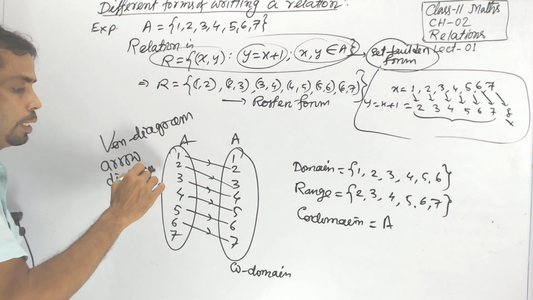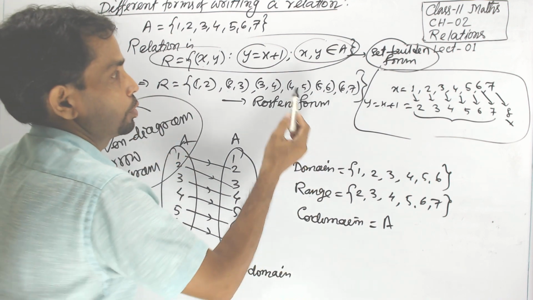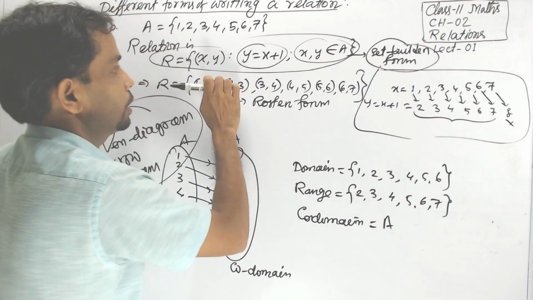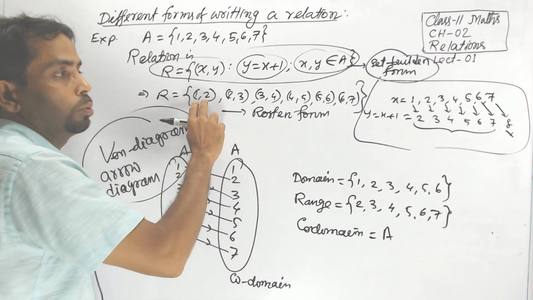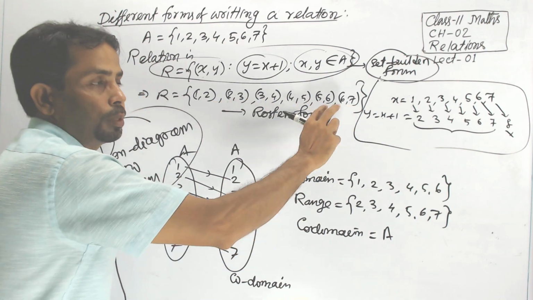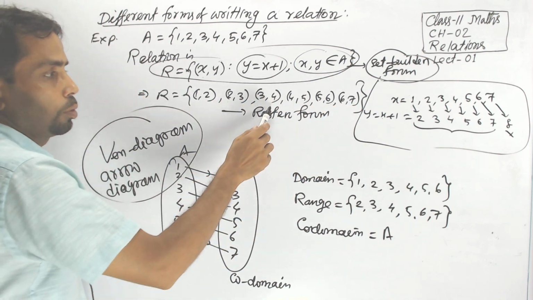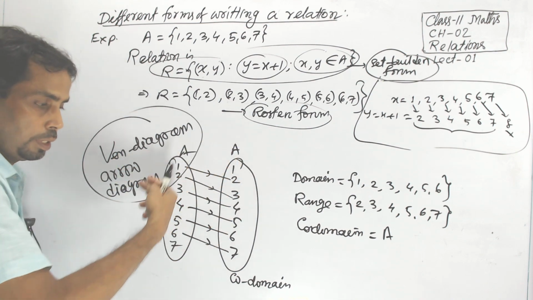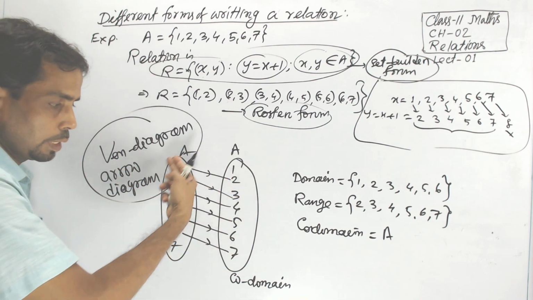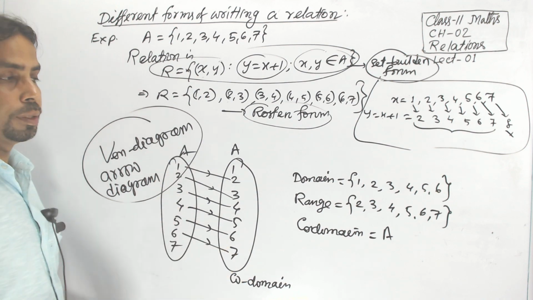That means a relation can be written in three different methods. One is the set builder method, in terms of x, y or a, b. Another is the roster method, in which we list the elements as a set of ordered pairs. And the third is the arrow diagram method or Venn diagram method, representing a relation by a diagram like this.